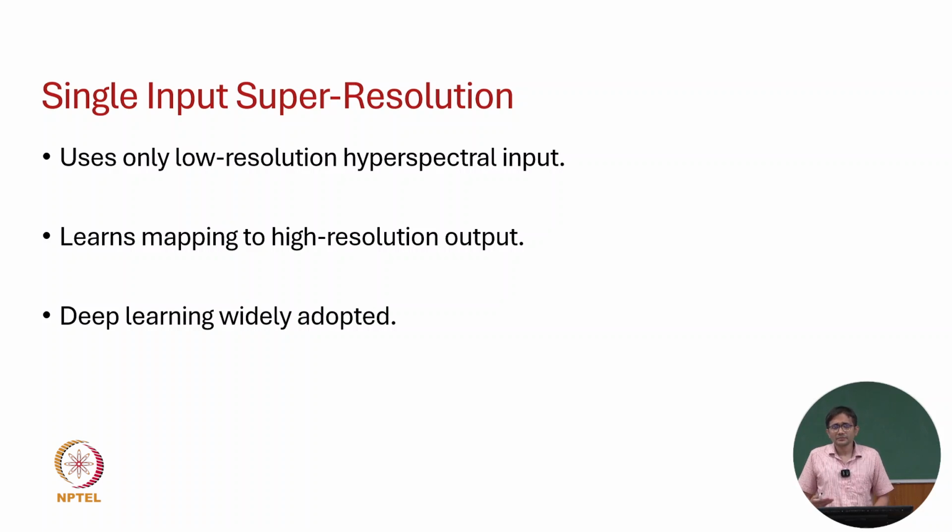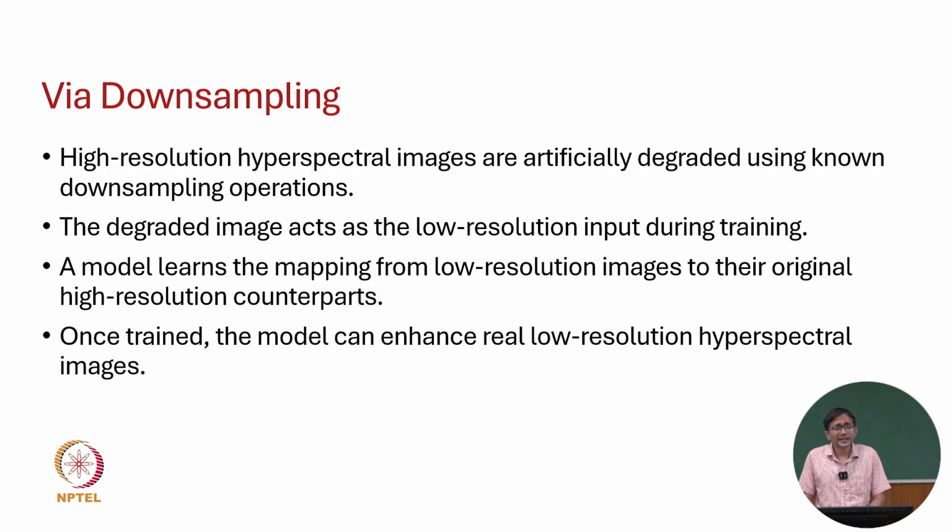This kind of paradigm widely adopts deep learning, where the high resolution hyperspectral images are artificially degraded using some known downsampling operation. The degraded image now acts during the training process as the low resolution input, whereas the original image will act as the target.